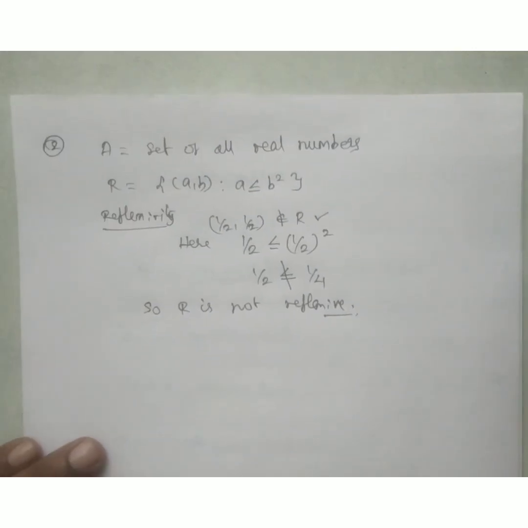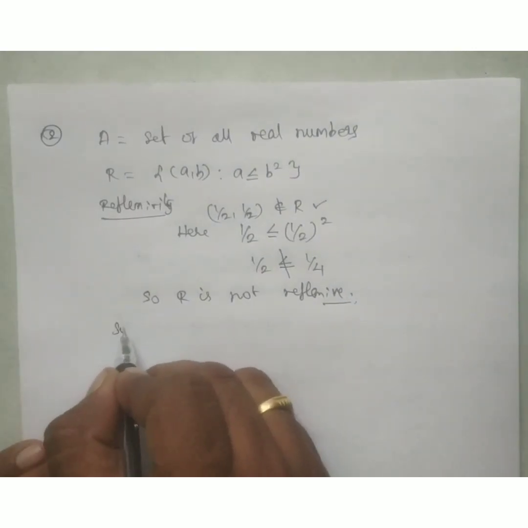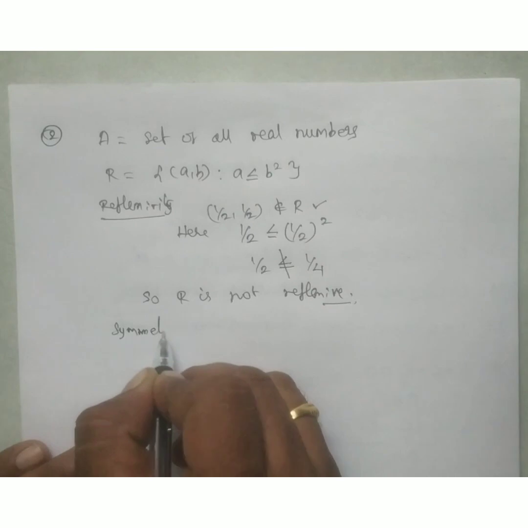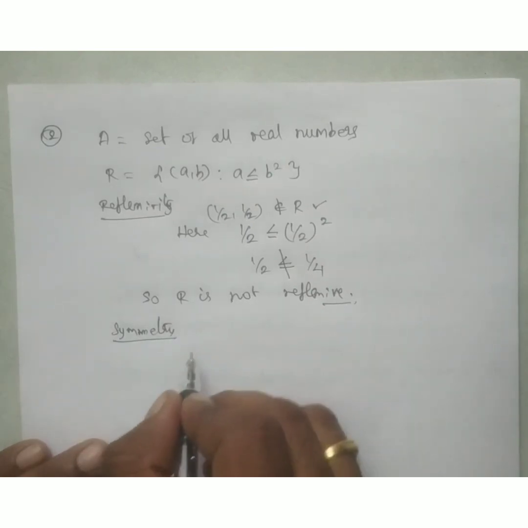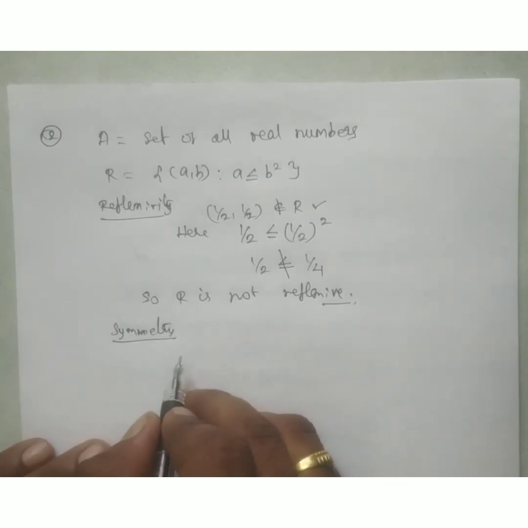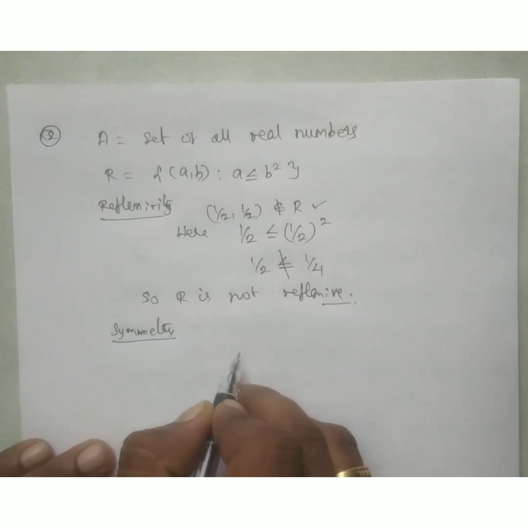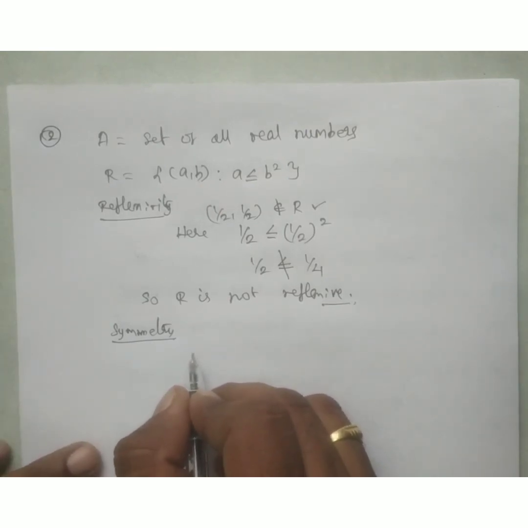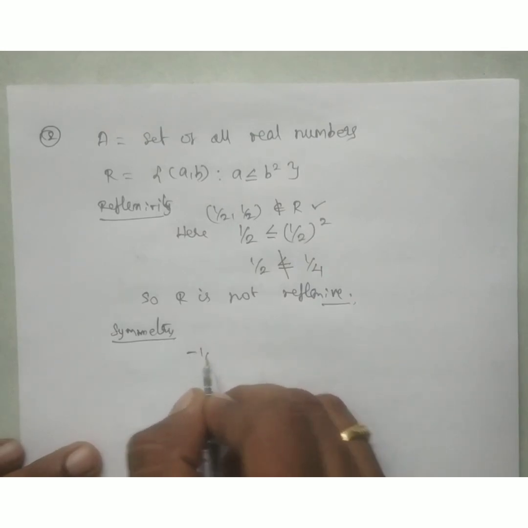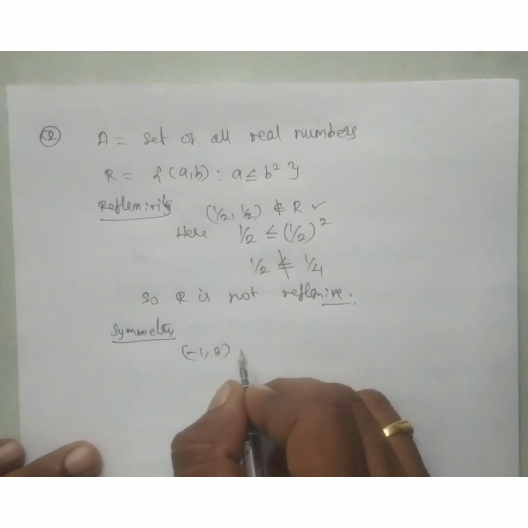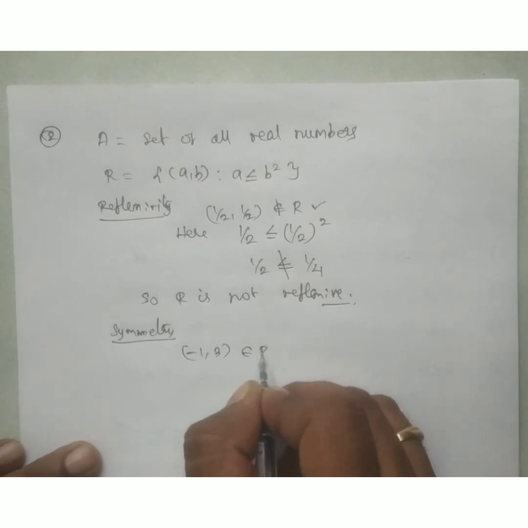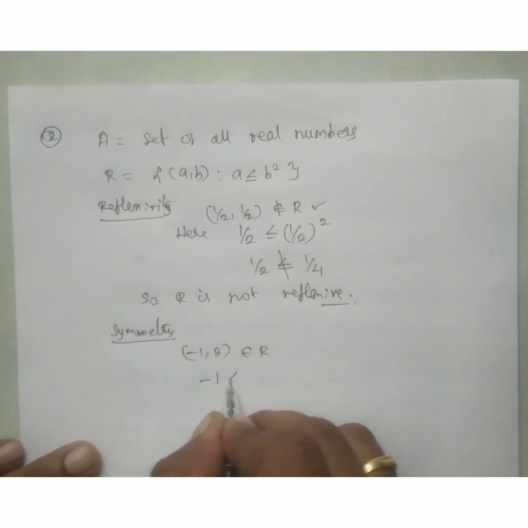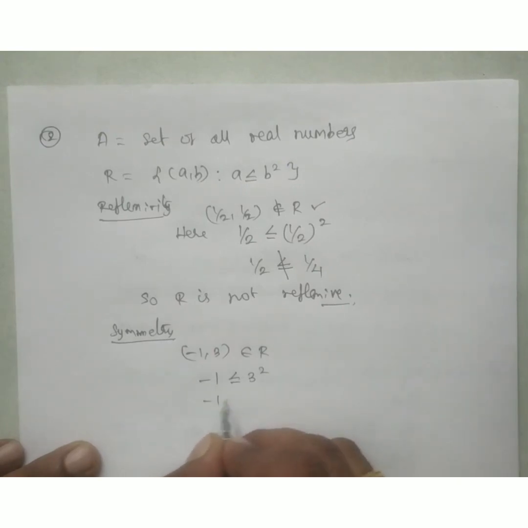Similarly, I need to prove that it is not symmetric. So I need to give an example. First I need to take (A, B) belonging to R. A very easy example: we can take (-1, 3). We know that (-1, 3) belongs to R, because -1 is less than or equal to 3 square, that is -1 less than or equal to 9, which is true.